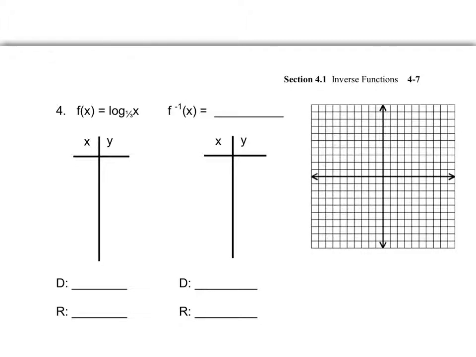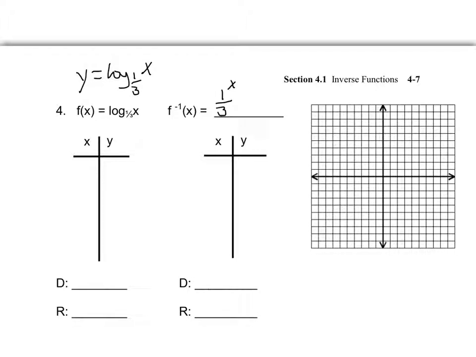And again, if we remember that the original function here is y is equal to the log base 1/3 of x, if I were to switch the x and the y, what that's asking me is, a logarithm is simply saying I'm looking for the exponent that 1/3 would be raised to give me x. So if I switch the x and the y, that means I'm going to have to take that base 1/3 and raise it to the x power.